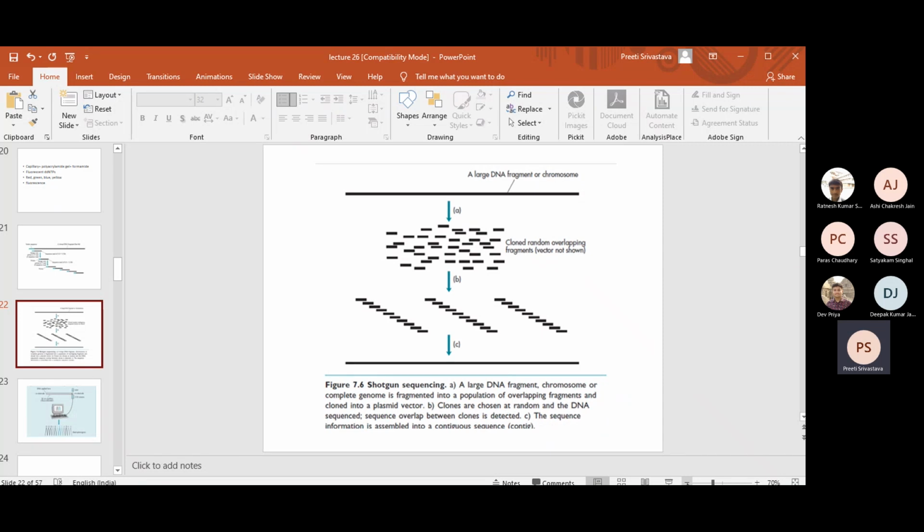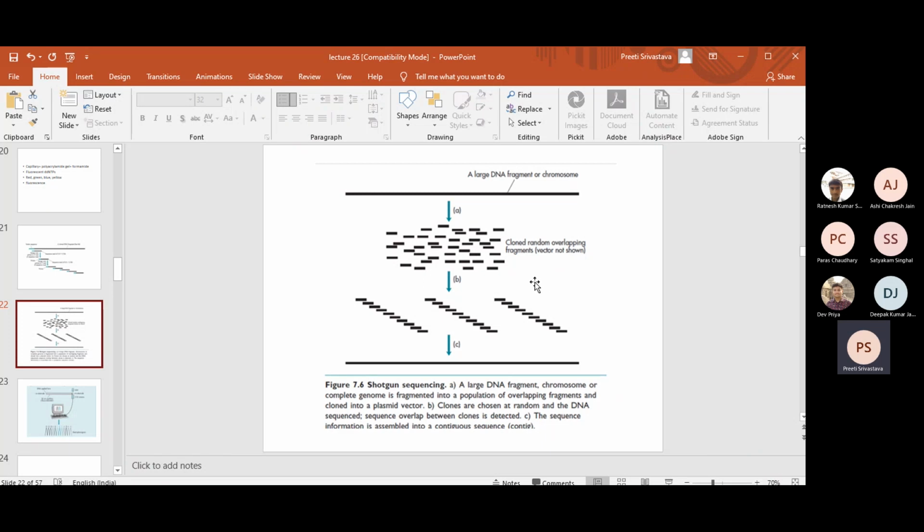Then the other way of doing whole genome sequencing using Sanger's method is called shotgun sequencing. In shotgun sequencing, what is shown at the top is the chromosomal DNA. This chromosomal DNA is fragmented into very small pieces, for example up to 500 base pairs or 1 kb.